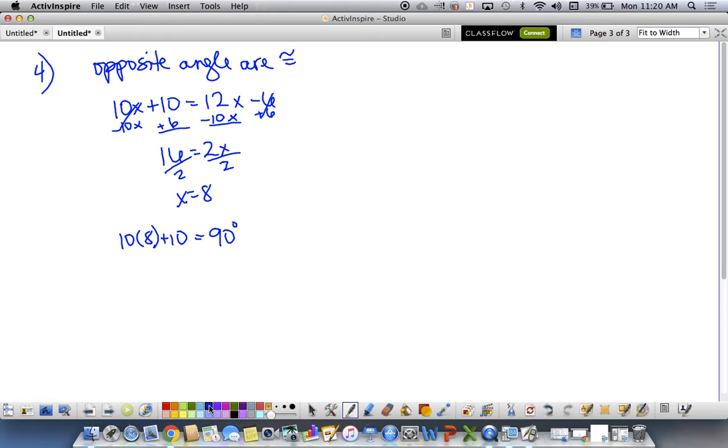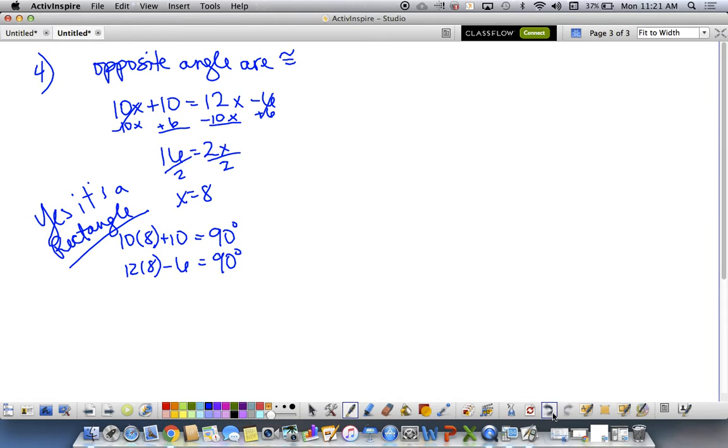It's 90 degrees. 12 times 8, which I believe is 96, and it's minus 6. So what's 96 minus 6? 90 degrees. Yes, it's a rectangle. Okay. I'd like to see your work. Tell me that you did that.